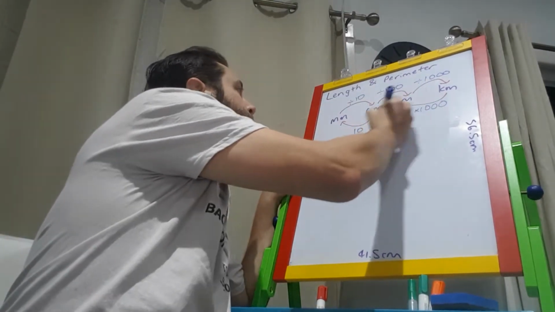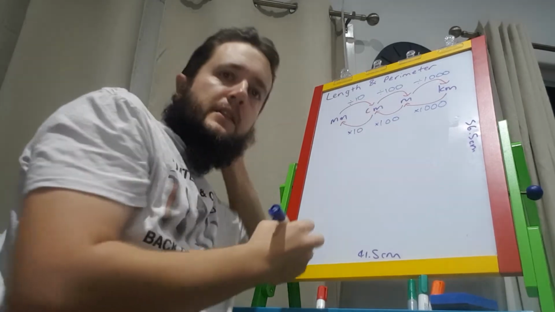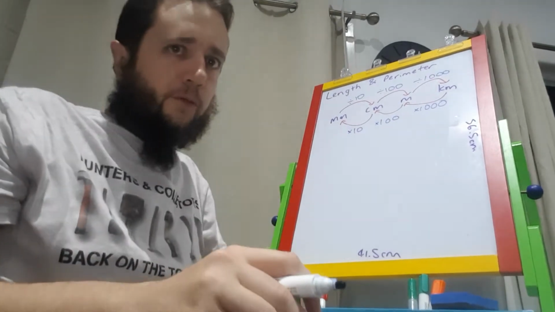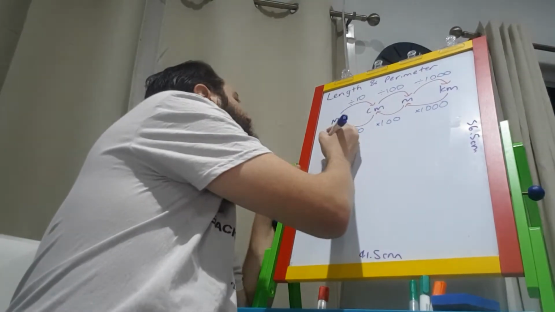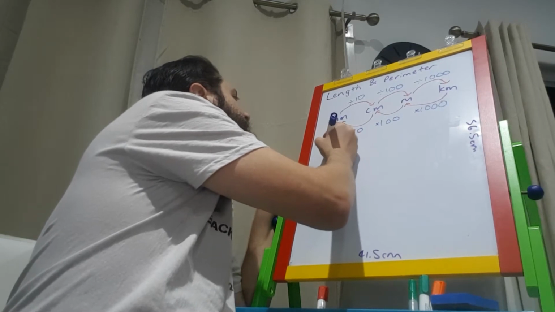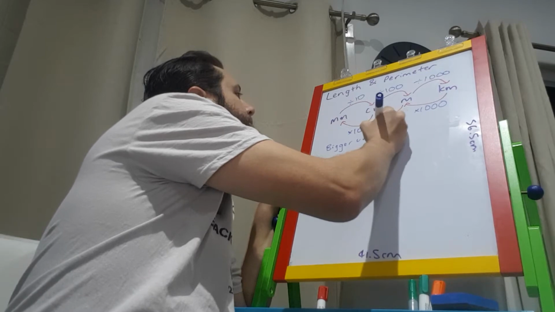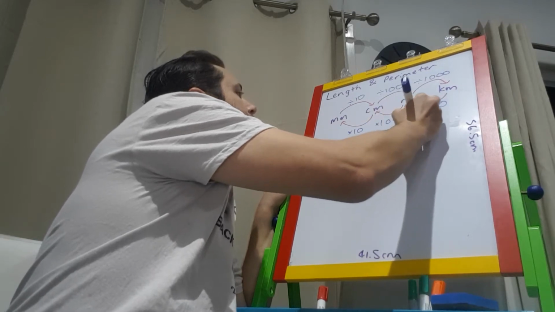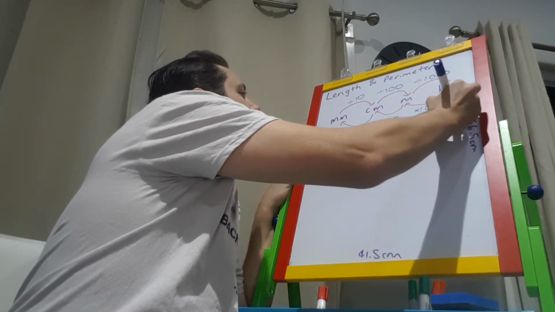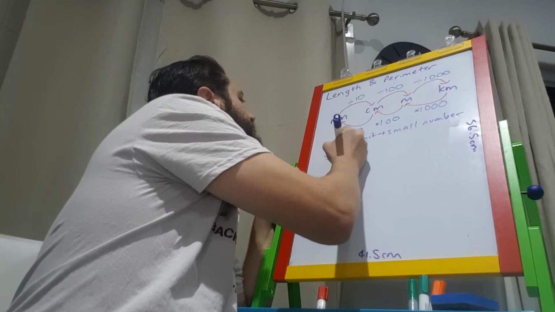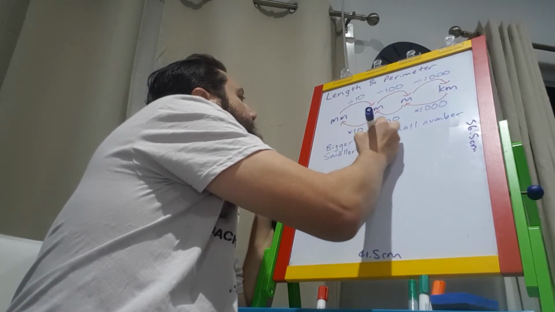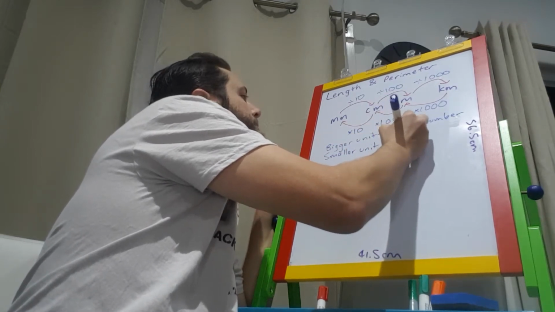So it's going to be multiplying in that direction. Generally, that works well for recreating these at any moment in time. So, bigger unit, smaller number, and smaller unit will be a bigger number.